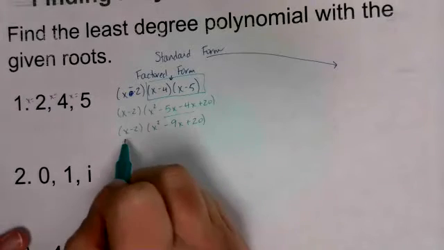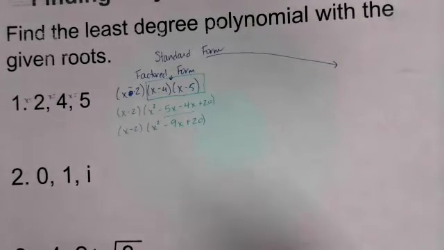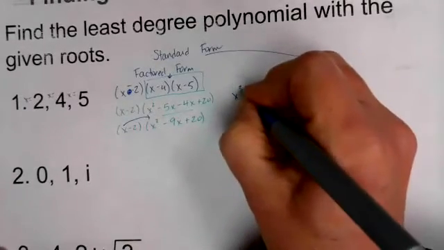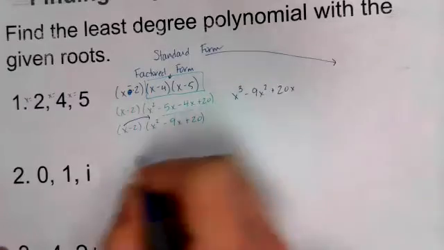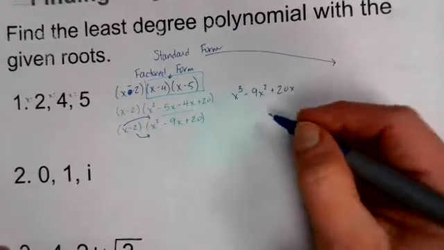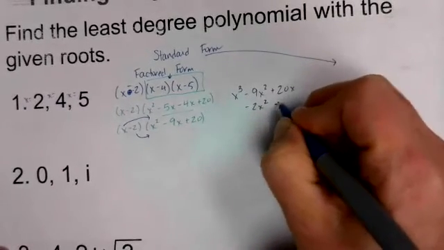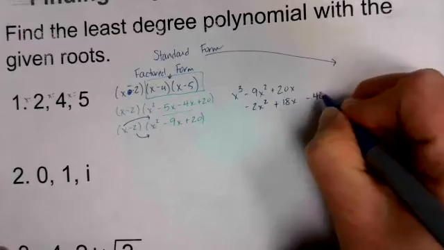All right, then I'm going to distribute this x minus 2 here. So starting with my x, I'm going to have x cubed minus 9x squared plus 20x. And then distributing my negative 2, I'm going to write it underneath so my terms match up. So I have a negative 2x squared, a positive 18x, and a negative 40.